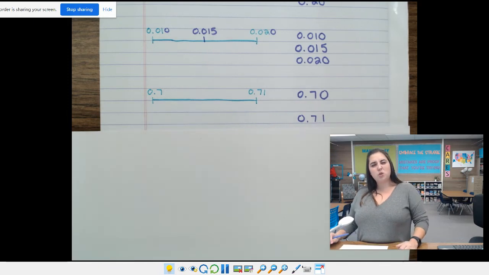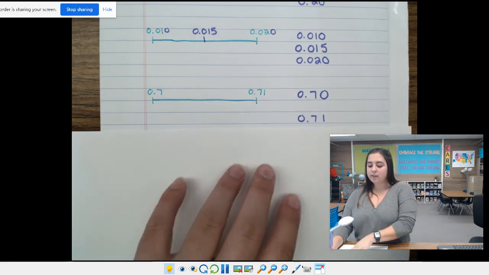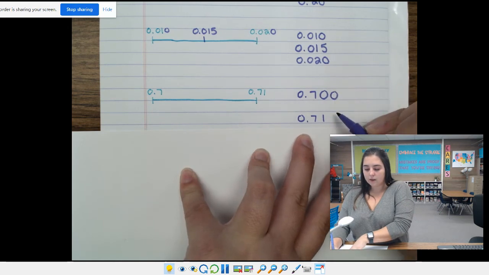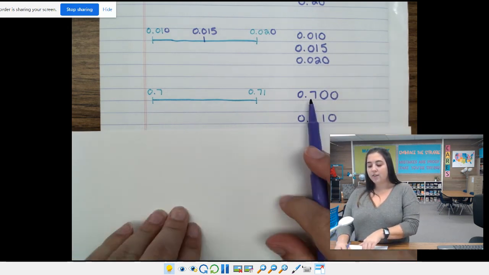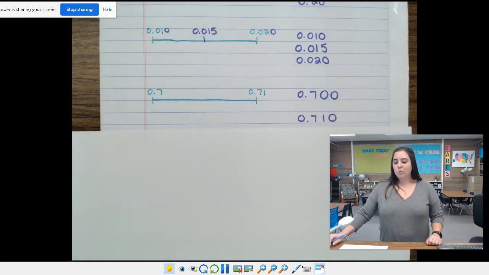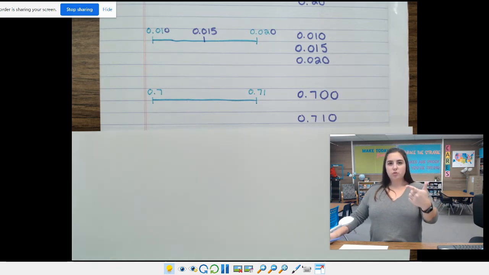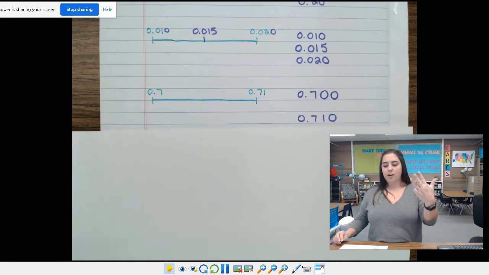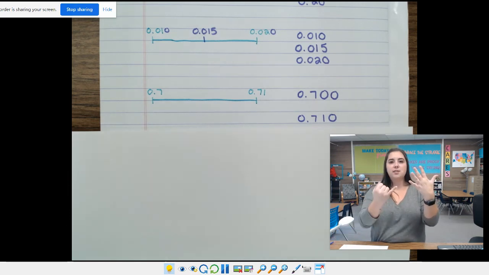Is there anything between 70 and 71? There isn't. This is where we add the 0 again. Now I have 700 and 710. What's in between those? I could count up if I need to. 700, 701, 702, 703, 704, 705, 706, 707, 708, 709, 710.